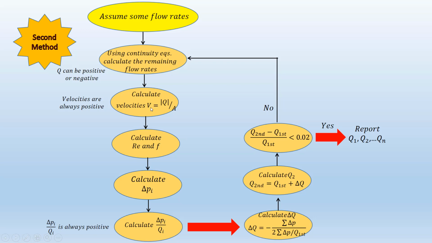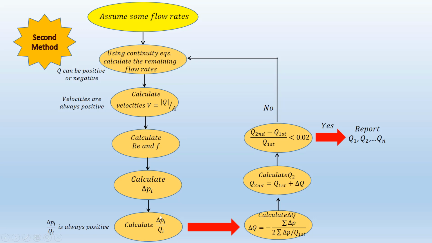So you have the velocity, you can find the Reynolds number, and with the Reynolds number you can find the friction factor, and then you can find the delta Pi. You can find the delta Pi from the Bernoulli equation, or you can write delta Pi equals Ci Fi Qi squared, so delta Pi equals plus or minus Ci Fi Qi squared. Now you have the delta Pi, and you can calculate the delta Pi over Qi.